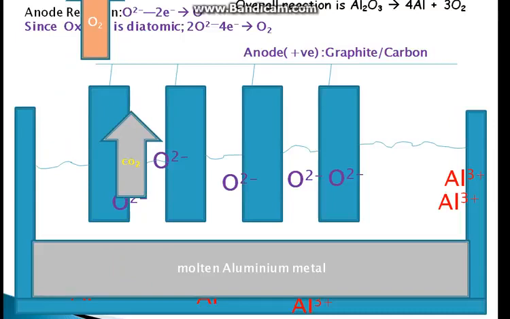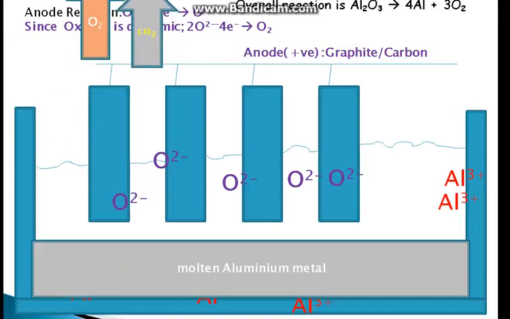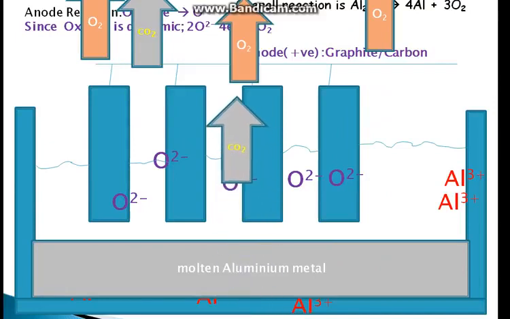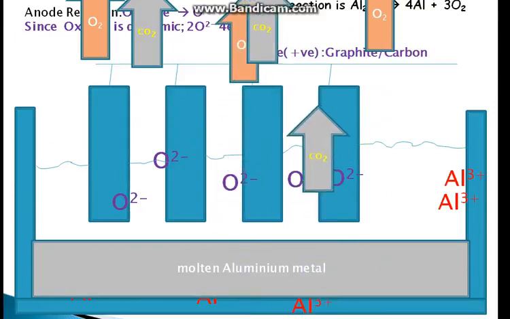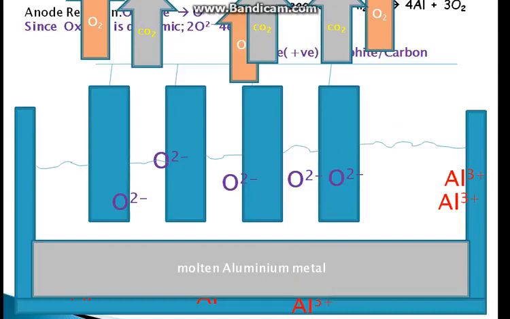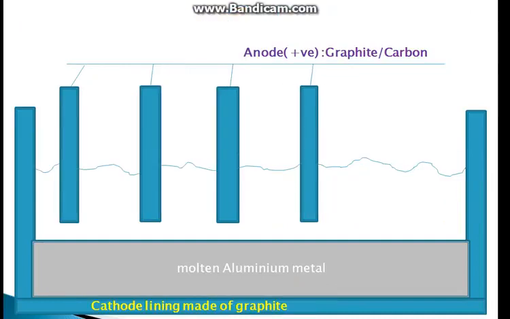And another gas, which is carbon dioxide, is also released in the process. So eventually there are two gases leaving the anode. One is the oxygen gas, the next is the carbon dioxide gas. So this happens at all the anodes. Eventually the anodes become smaller, they get burnt away, and therefore we need to replace them while electrolysis is in progress.